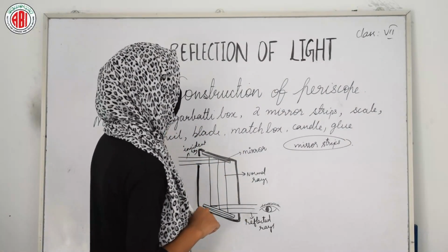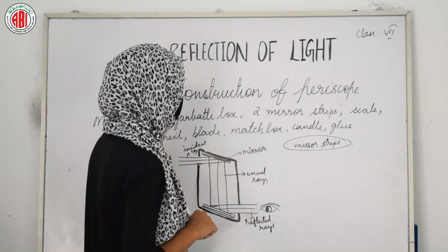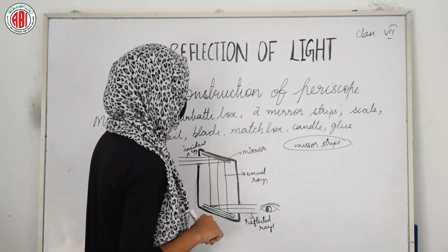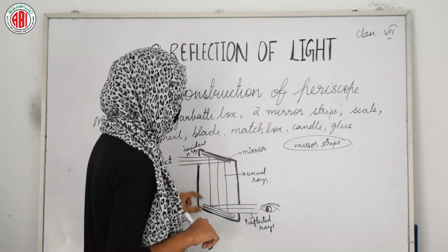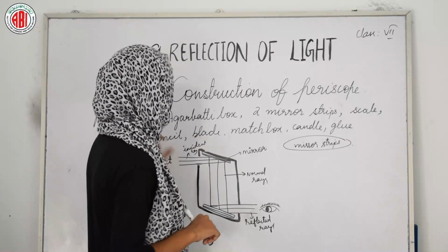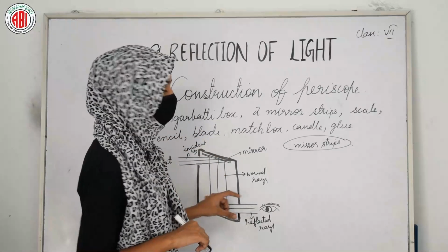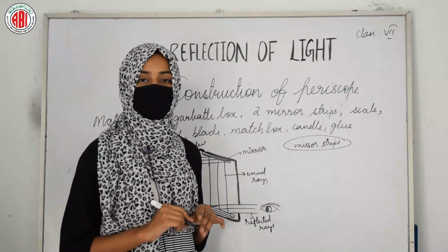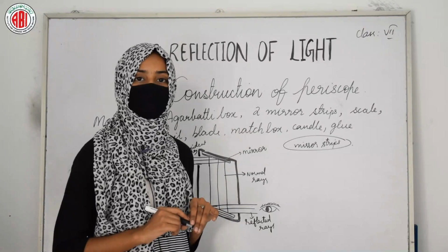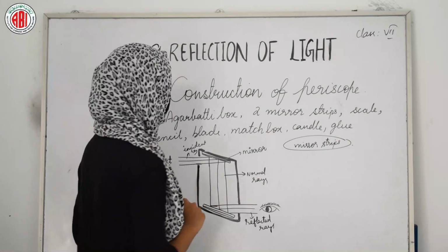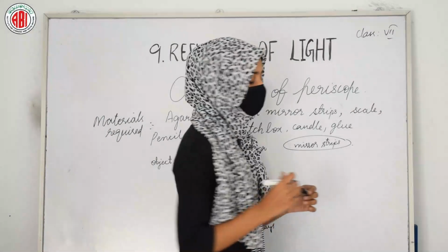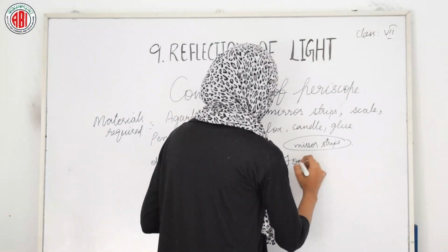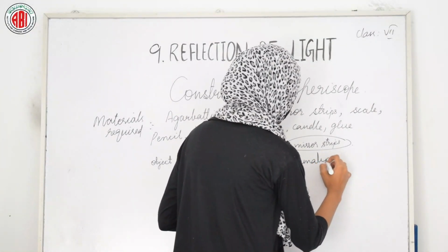So in this way the periscope can be made by using these materials, and we need to make sure that the mirror strips are arranged in a parallel manner, and the incident ray, normal ray and reflected ray lie in the same plane. If all these things are managed in a proper manner, then we can see the different objects with the help of the periscope. Now let us talk about the formation of images in mirrors.